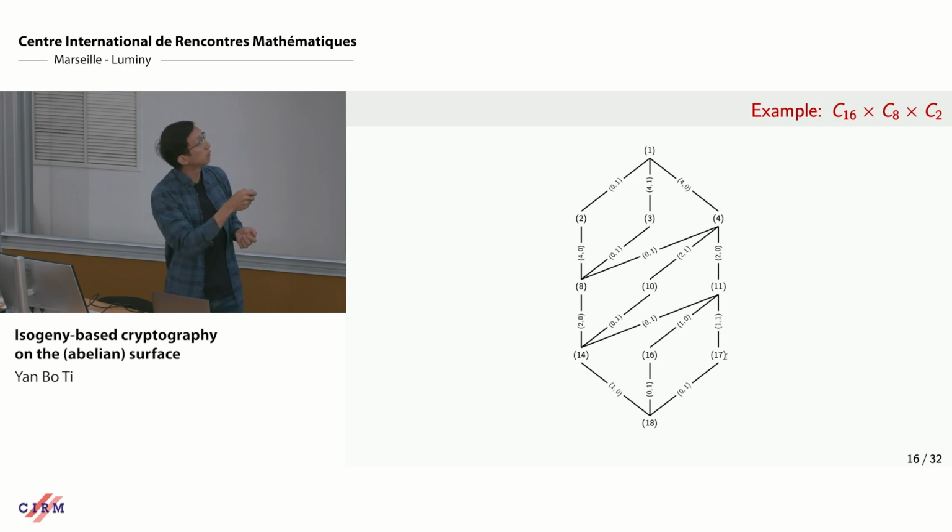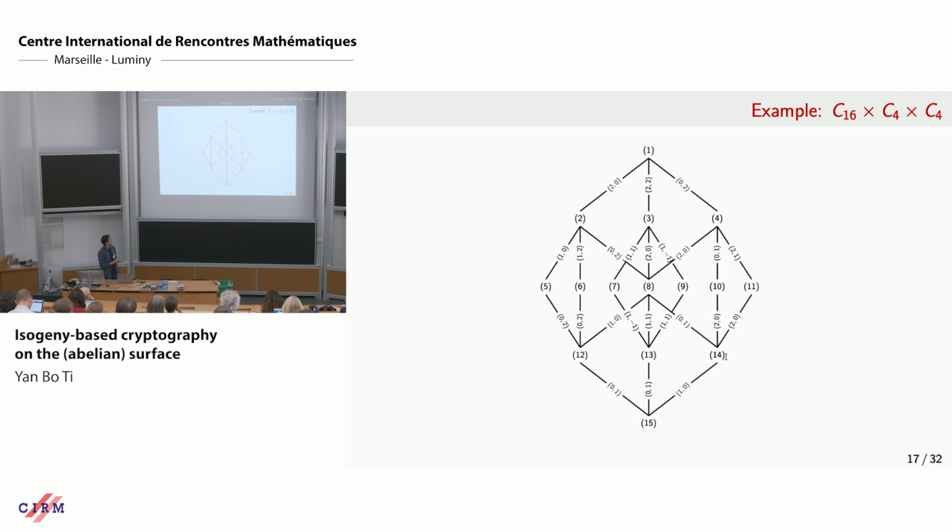So over here, once you come here, you see that it's a straight line all the way down, because at this point, once you map this kernel through, what you get is C4 cross C4. So you don't get any choice. But if you go this way, you still have some choices, if you don't kill off the C2 too early.